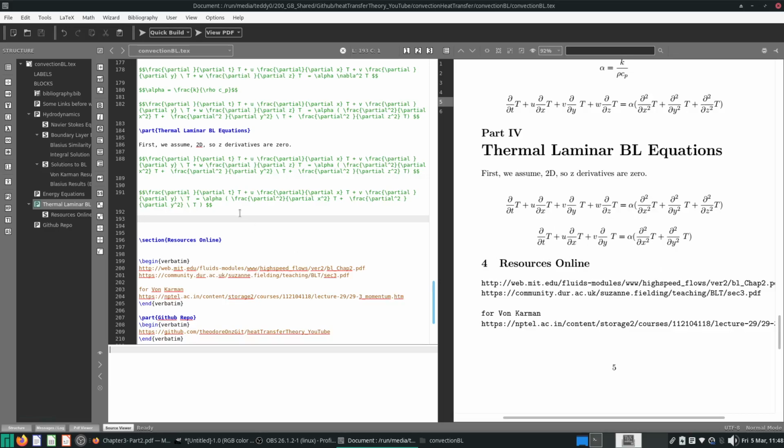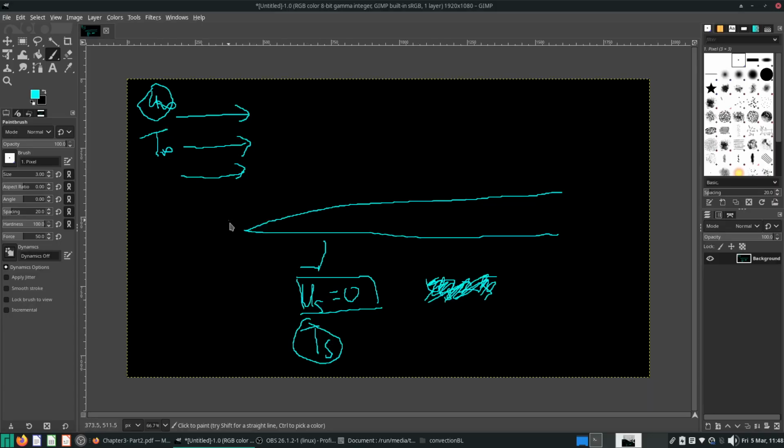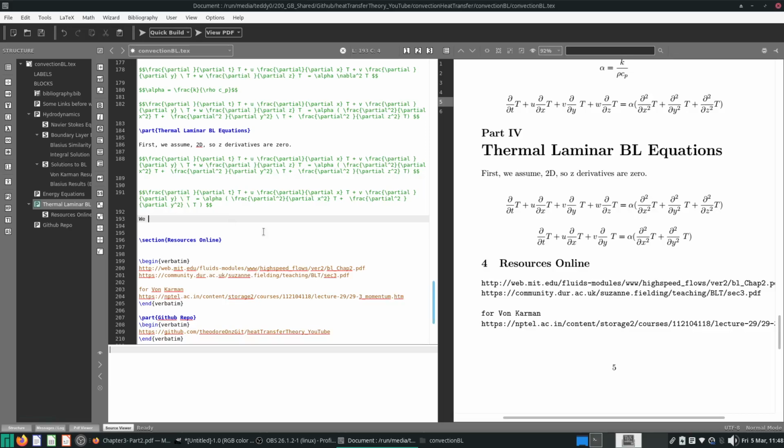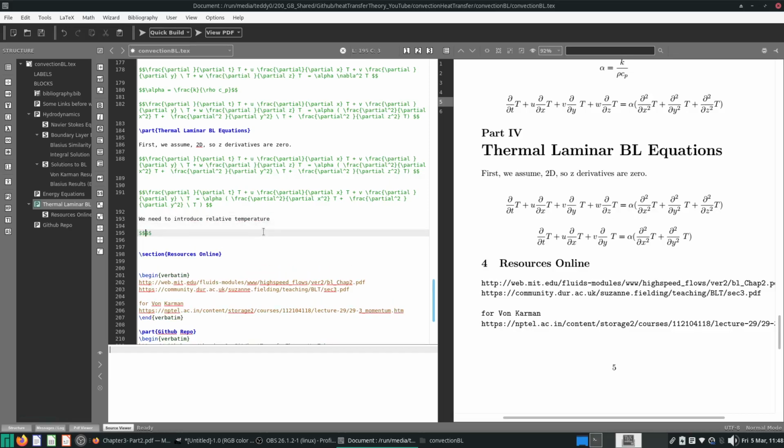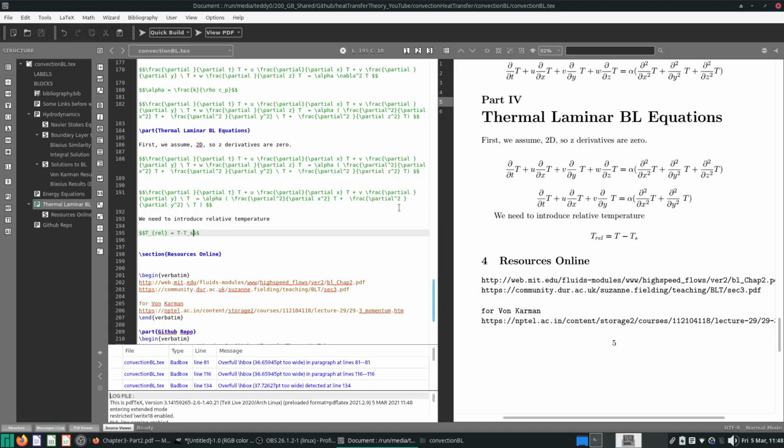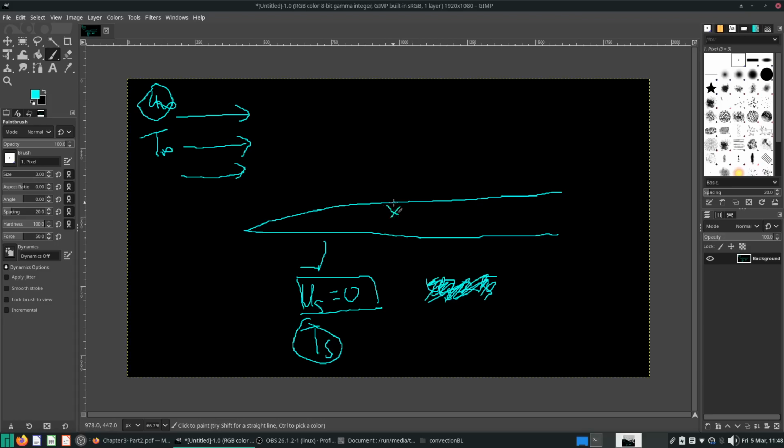Since we have to take care of this relative problem, we need to introduce relative temperature. The relative temperature equals T minus T at the surface. What's important for this boundary layer is not the absolute temperature, it's the temperature difference between here and here.